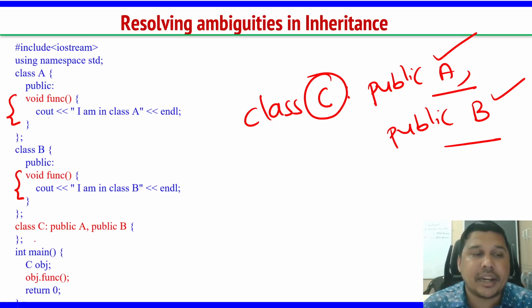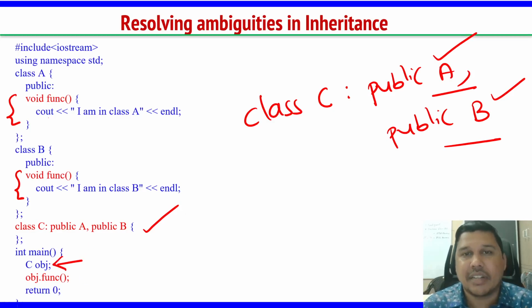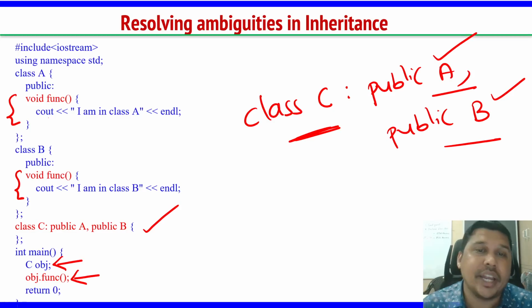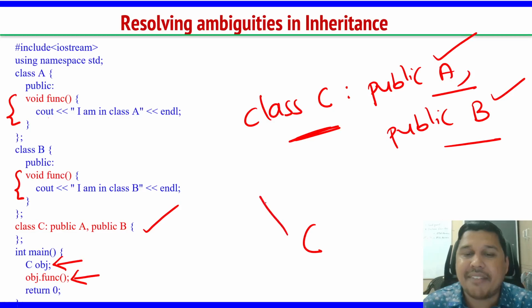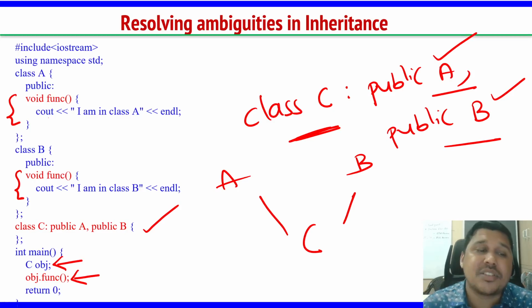But what is happening here? I am C, okay, this is fine. I am inheriting from both A and B. This statement is multiple inheritance. But when I create an object for class C, the child class, and call the function func, the compiler will throw an error saying that I am confused because class C has two parents, A and B. Which parent class function should I call, A's or B's?